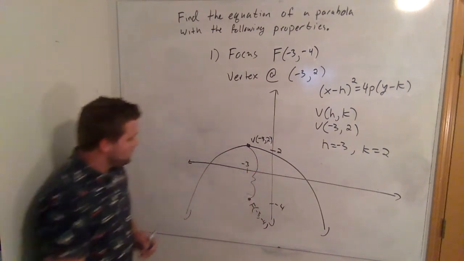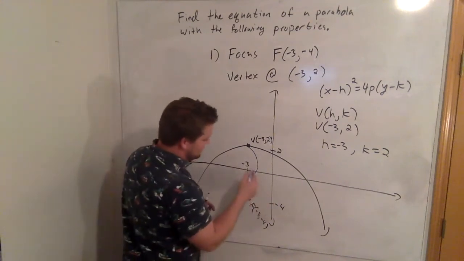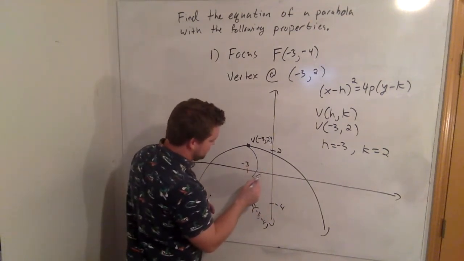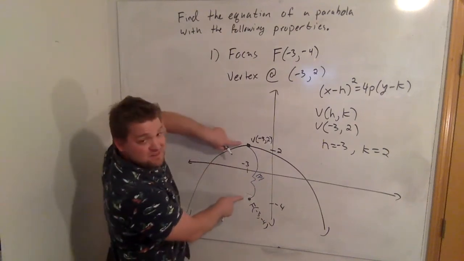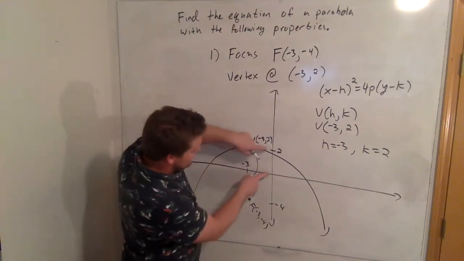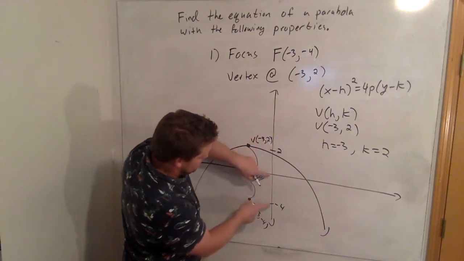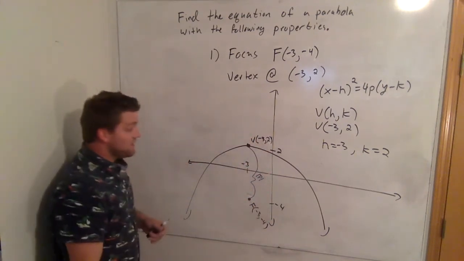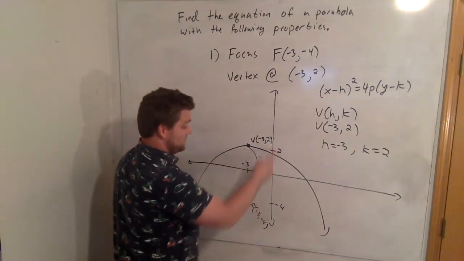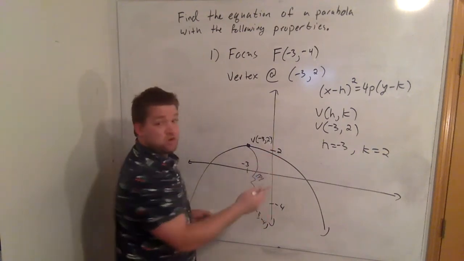So what is this physical distance? This value will be p. I guess it's negative, so we can maybe put absolute value of p. Let's think about what this distance is. From here to here is 2, and then from here to here is 4, so this total distance must be 6. If you want to find the distance between these two, you could also subtract them.